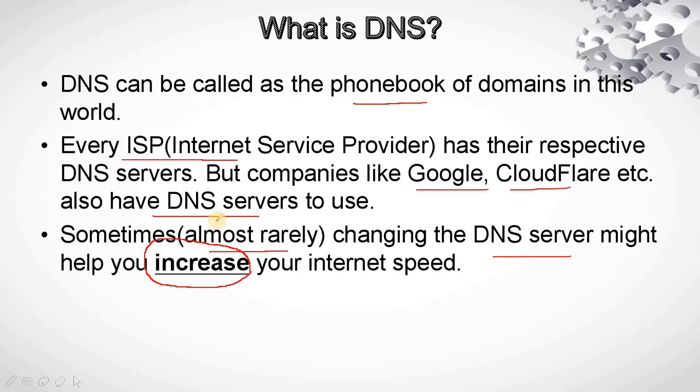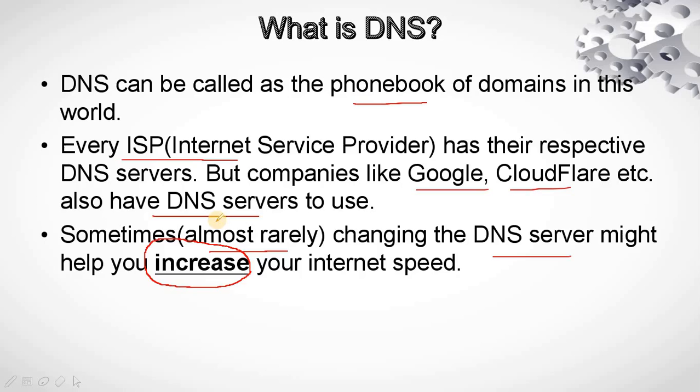It is a common experience that, let's say you are visiting a very unpopular website, it might take some time to load. But popular websites like Google, Microsoft, Facebook, etc., easily load. Why does that happen? The reason behind it is the DNS server.